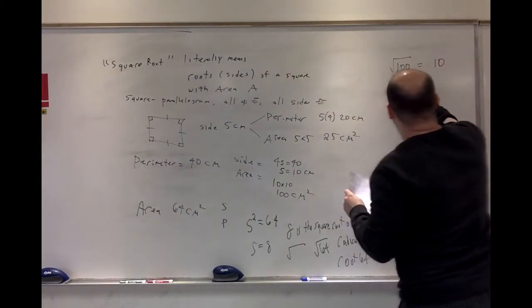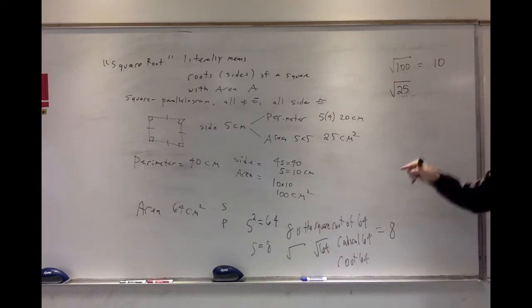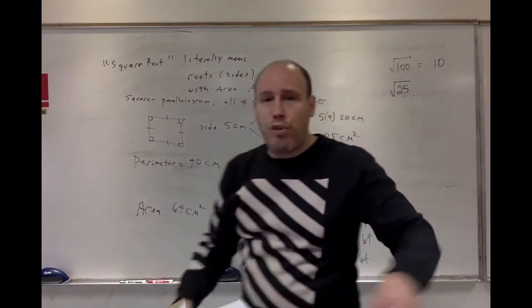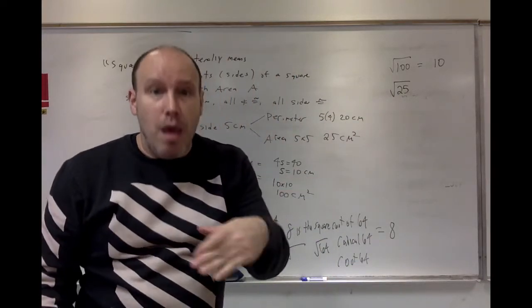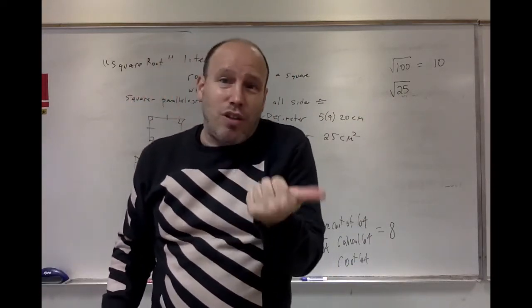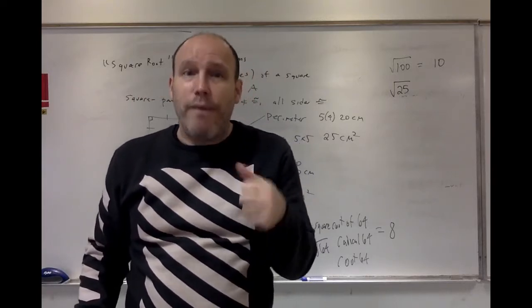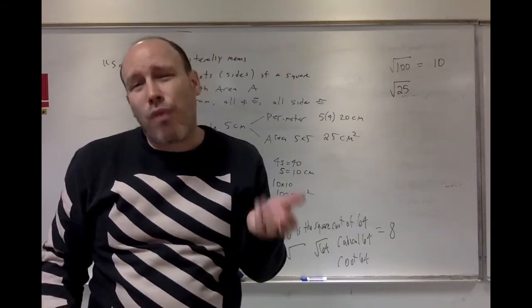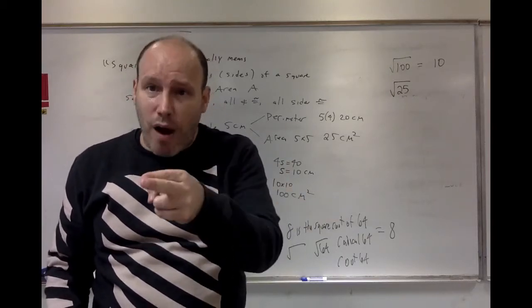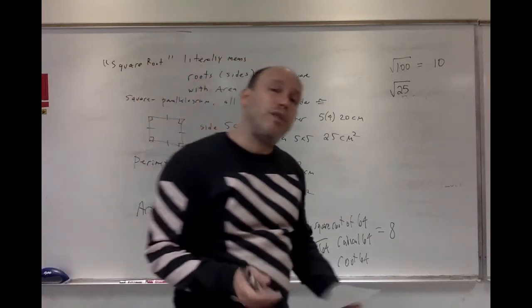You might see this. What does this represent? Once again, there's a square with an area of 25, so the side is 5. Or arithmetically, 5 times 5 is 25, so the square root of 25 is 5.